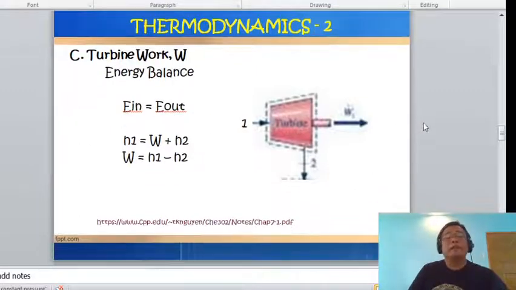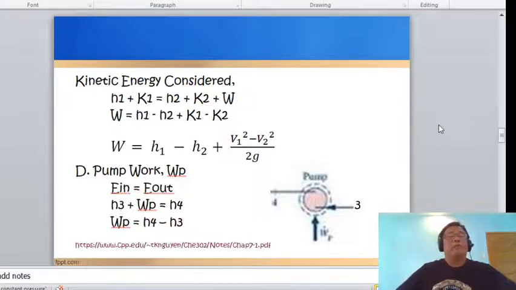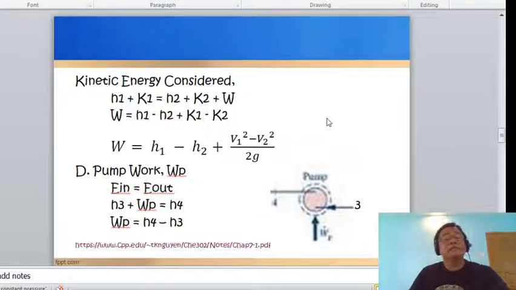Okay? So, next. If, class, the kinetic energy is considered. Sometimes we always consider the kinetic energy because of the velocity and the mass of the steam entering the turbine. Okay? So, if it is included, class, again, energy entering is equal to energy leaving.